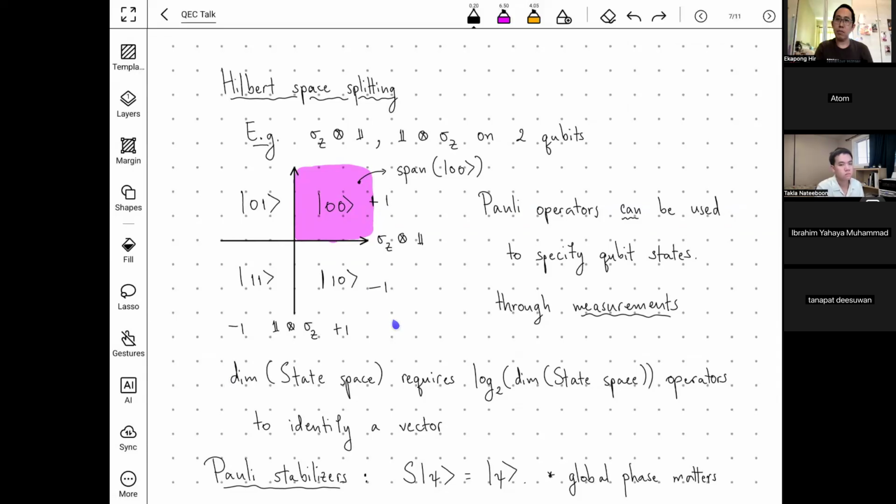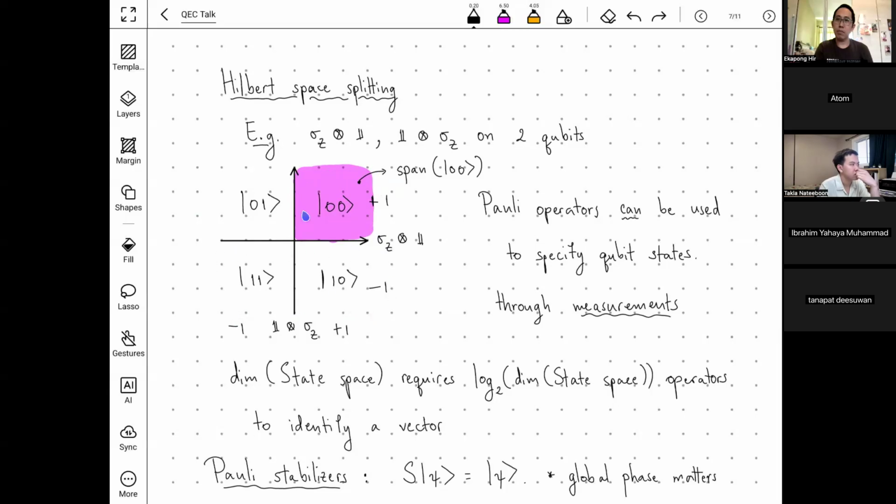When you apply Pauli Z tensor 1 onto any state, it will split the Hilbert space in half: the top half has the eigenvalue of +1, and the bottom half has the eigenvalue of -1.